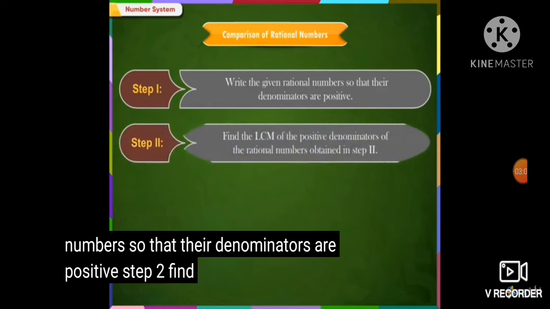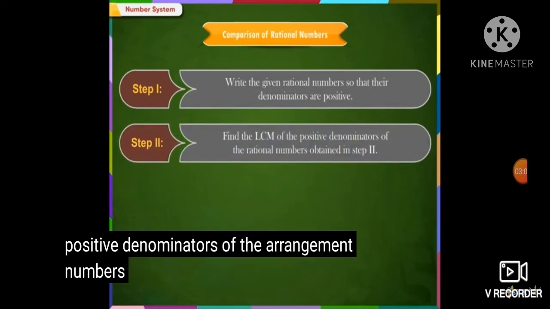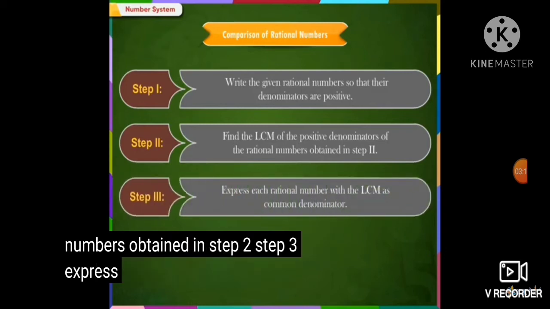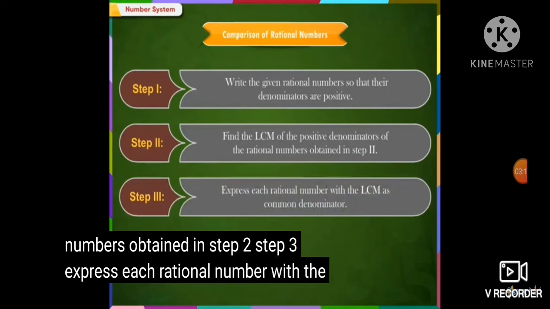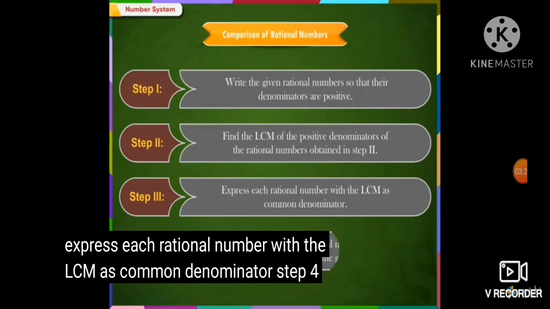Step 2 is to find the LCM of the positive denominators of the rational numbers obtained in step 1. Next, step 3 is to express each rational number with the LCM as the common denominator.